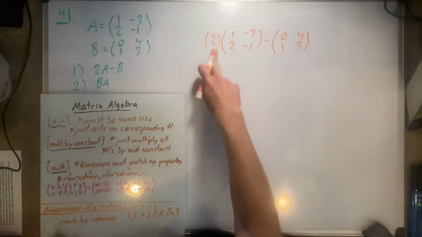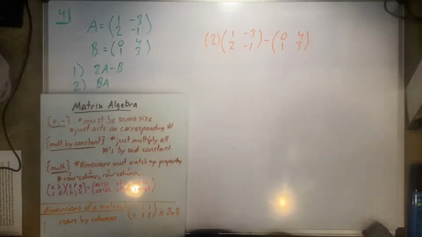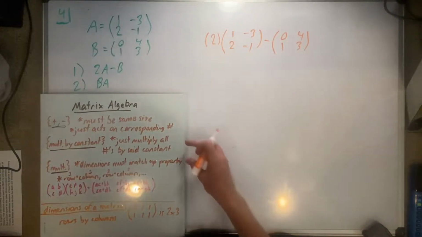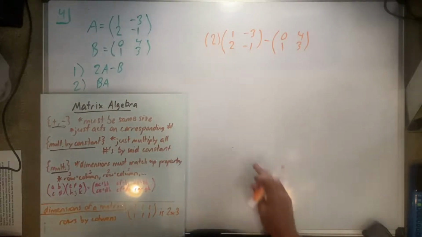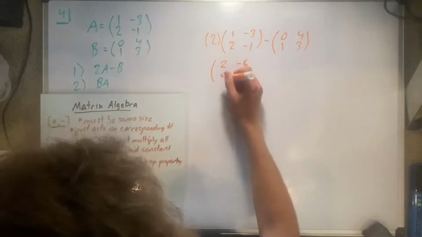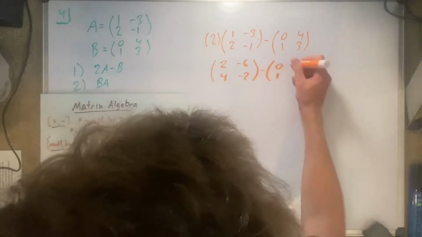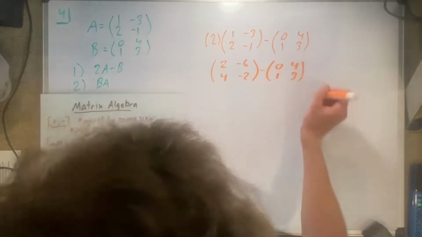So when we have multiplying a constant by the whole thing, just multiply all the numbers by the constant. So we will have now 2, negative 6, 4, negative 2, minus 0, 1, 4, and 3.